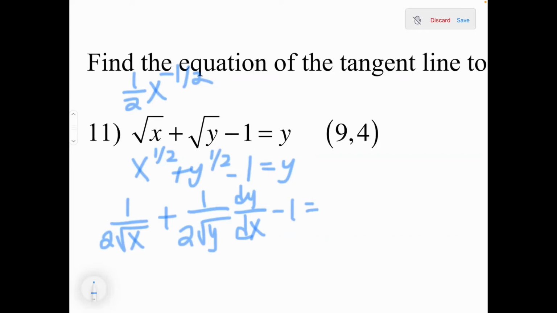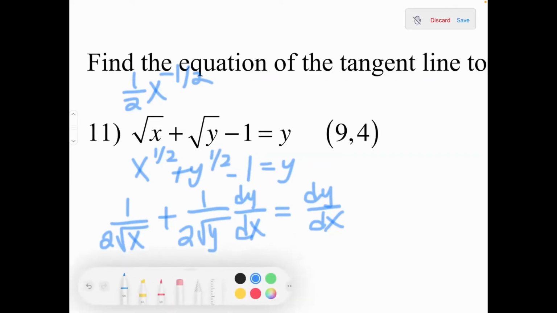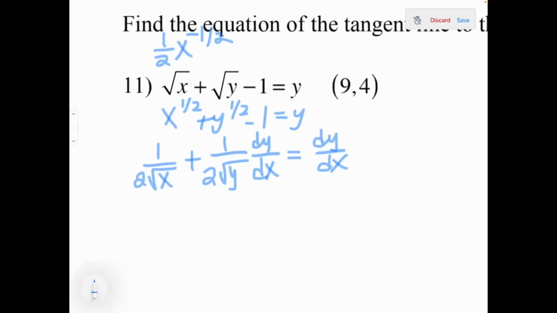Minus 1. Nope, not minus 1. The derivative of 1 is 0, so that piece just goes away. And the derivative of y is dy dx. We can go ahead and plug in our numbers, 9 and 4 at this point. So when we plug in 9 and 4, we can simplify that.